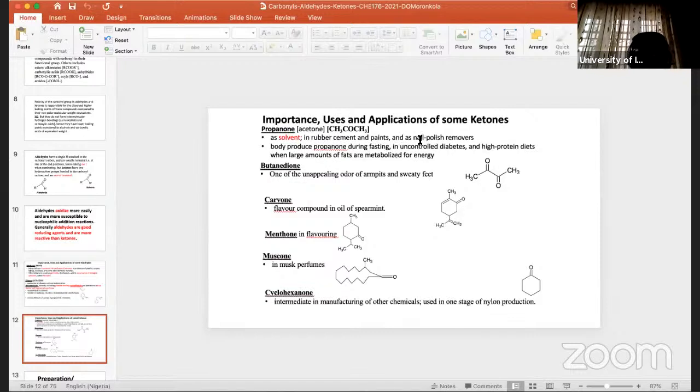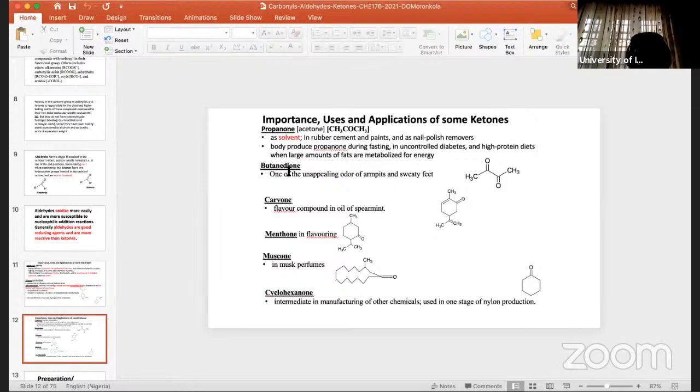They are also utilized as nail polish removers. And when you are sweating, maybe during fasting especially, the odor that comes out of such a person is also propanone. Also in uncontrolled diabetes, you have propanone being characteristic of such people. And then in high protein diets, when large amounts of fats are metabolized for energy, you have propanone being produced.